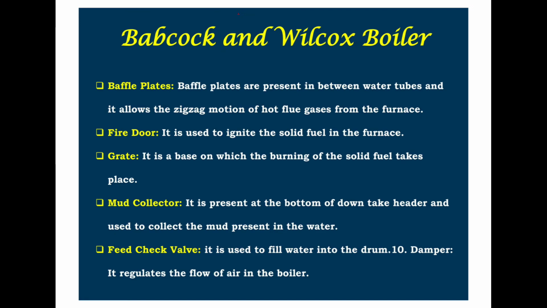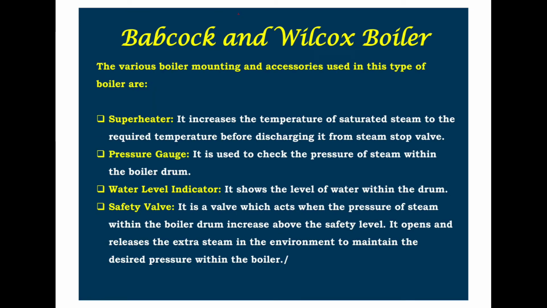Damper regulates the flow of air in the boiler. The various boiler mountings and accessories used in this type of boiler we have already discussed in the previous slide itself. So superheater, pressure gauge, water level indicator, safety valve.